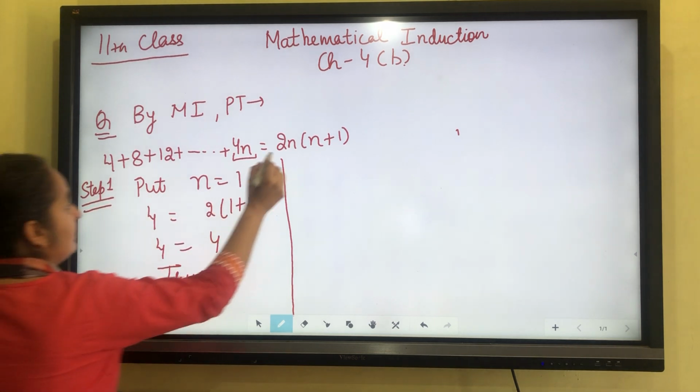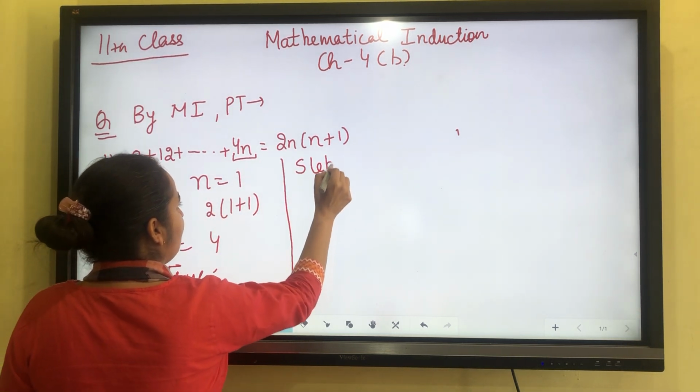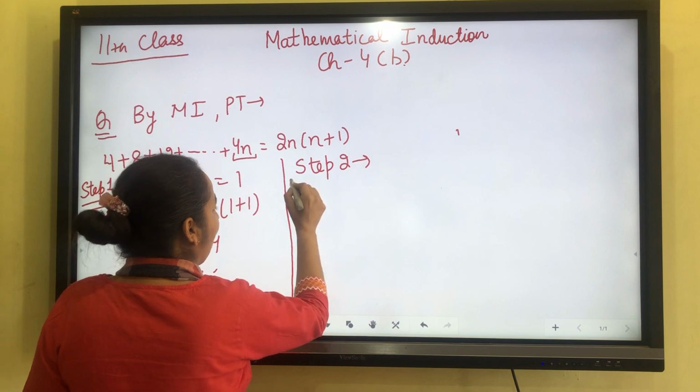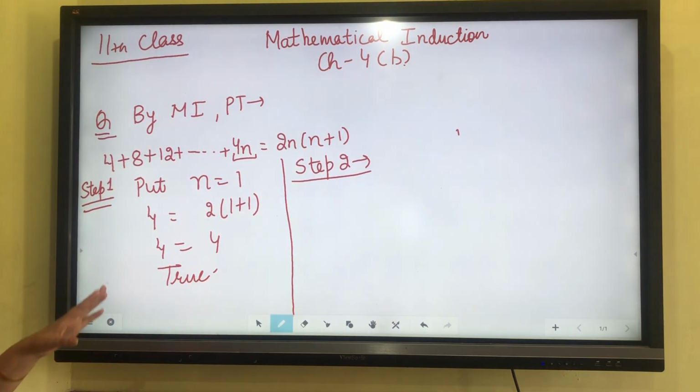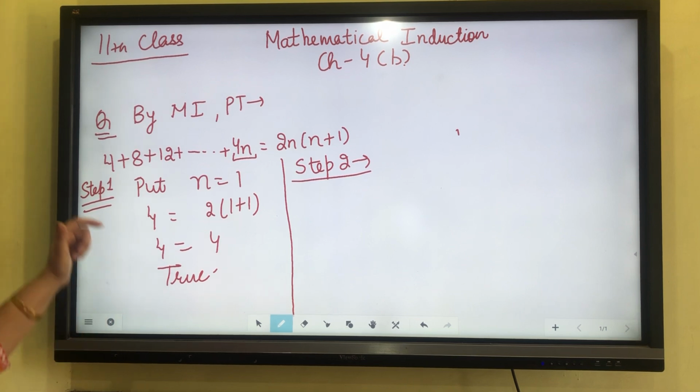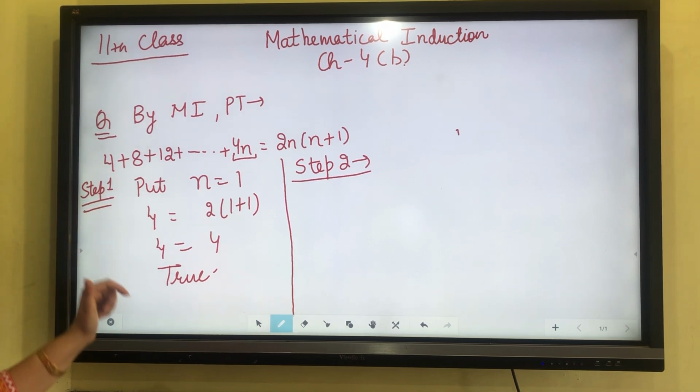And now I am proving step 2. What is step 2? There is no change. Step 2 is the same as the question. But in step 1 I took only the first term, that is n equal to 1.